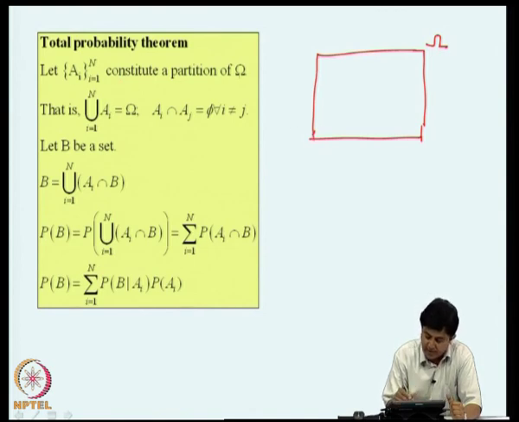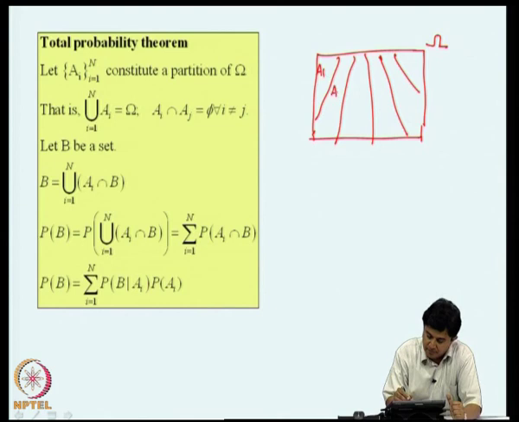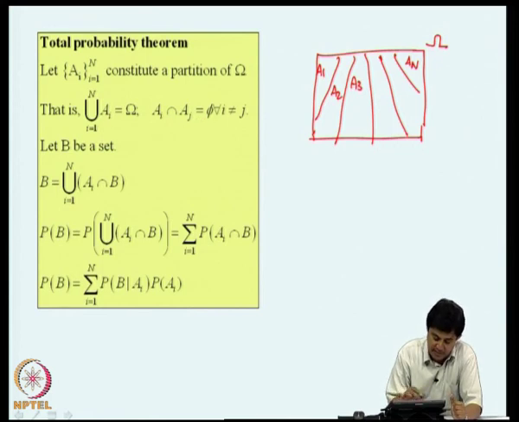What it means is, this A1, A2, A3, A4, A5, etc. are all mutually exclusive. That means their intersection is a null set, there are no common elements between any of these subsets, and if you take the union of all these Ai's, they become the sample space.